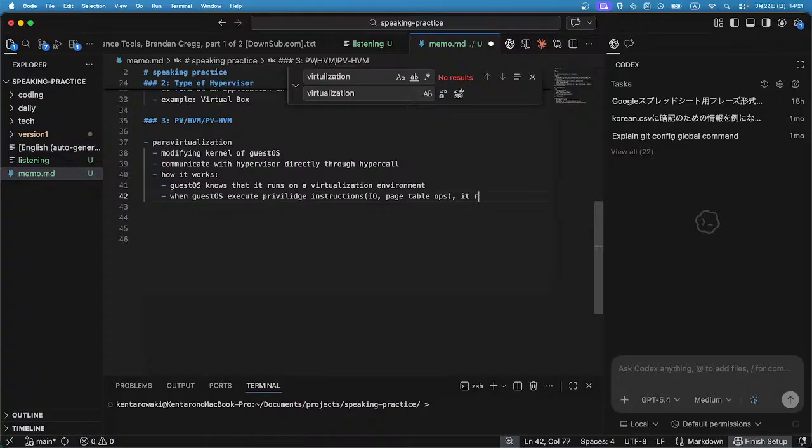It requests the hypervisor, which is hypercall.